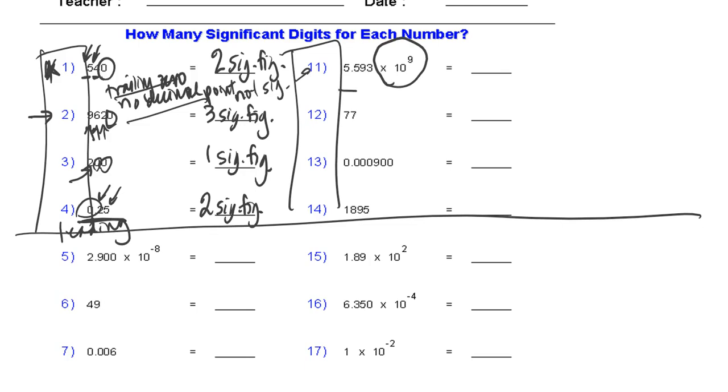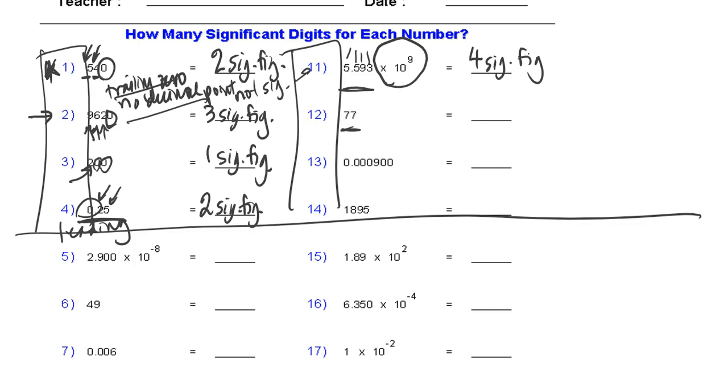I'm only going to evaluate the base that's in front of it. And so here, if you notice, I have 4 digits that are all non-zero digits. And non-zero digits are always significant. And so as a result, here I would have 4 significant figures.